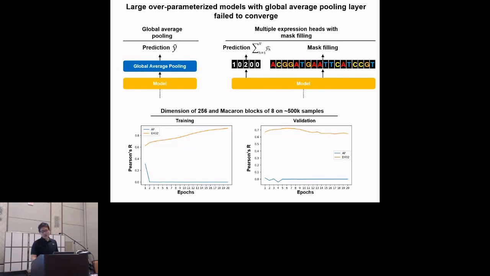To address this issue, we propose a new design where the model predicts values through multiple paths, and we take the average of the predictions as the final one. At the same time, the model can also predict randomly masked DNA nucleotides.